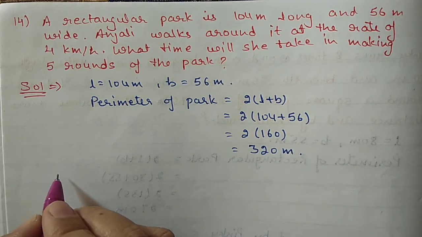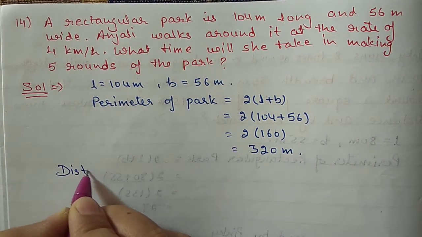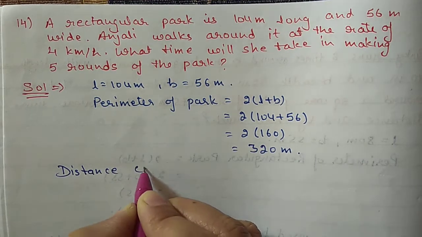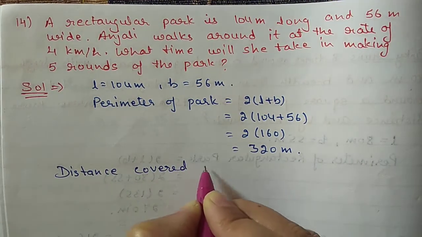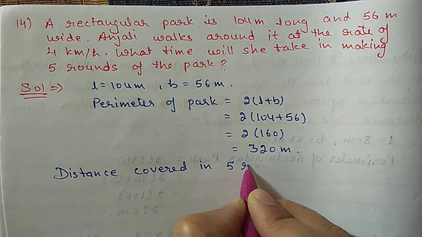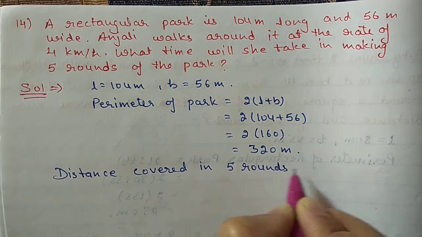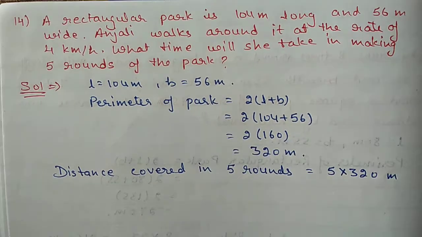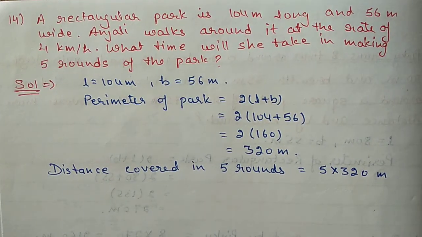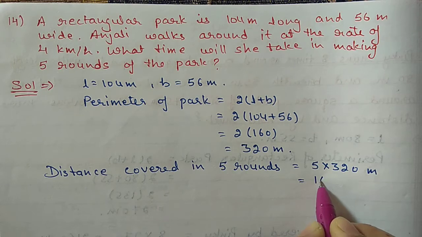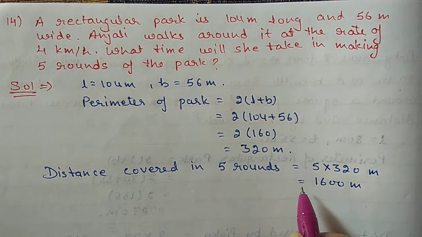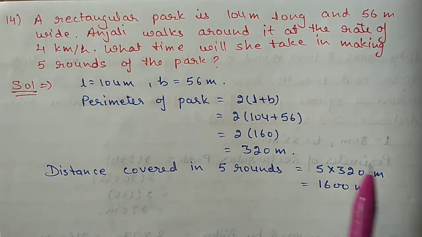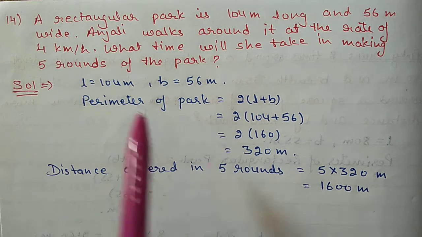So we will find out the distance covered in 5 rounds. Is equal to 5 into 320 meter, and 5 into 320 meter is equal to 1600 meter, which we can change into kilometer because the speed is given in kilometer per hour.